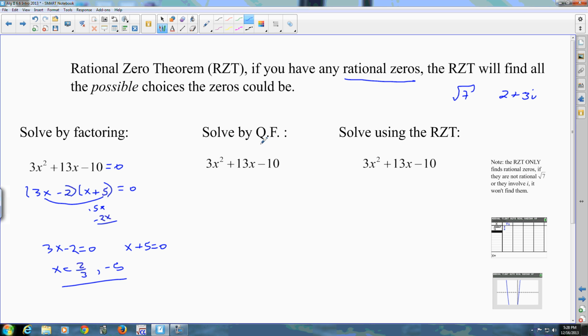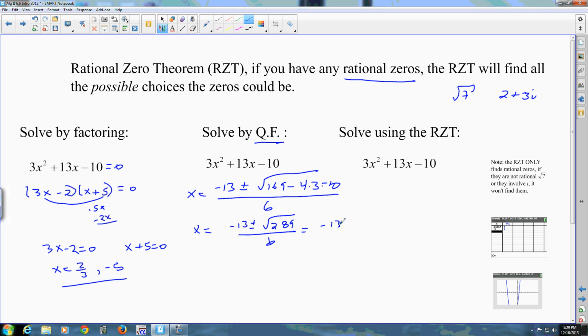To put it in the context of solving with the quadratic formula, to ground you guys and let you see that this is working, before I just jump in and do the rational zero theorem out of the blue. X is equal to, so that would be the opposite of b, plus or minus the square root of b squared, so that would be 169, 13 squared, minus 4 times 3 times -10, all over, twice a would be 6. So x is equal to -13 plus or minus. Type that in your calculator, and I think you get square root of 289 over 6, which I believe, honestly, I can't do that in my head.